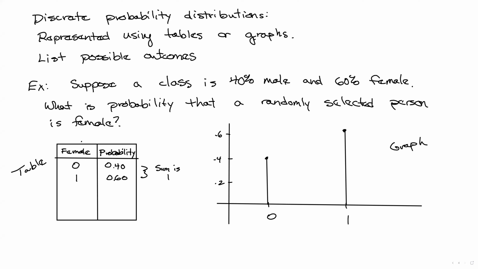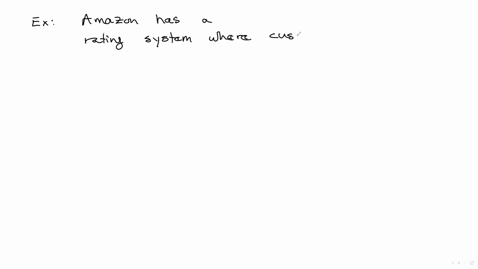All right, let's try an example where we have more than 2 outcomes. The first example that we did at the beginning of the lecture was also discrete. Let's look at a discrete outcome where we have more than 2. Amazon has a rating system where customers can review products.